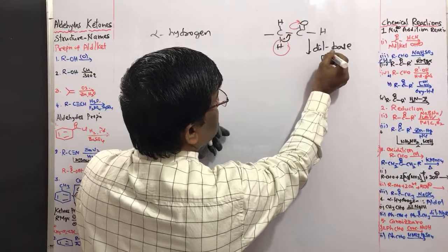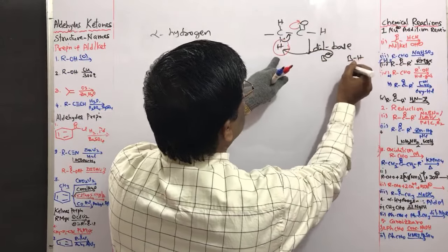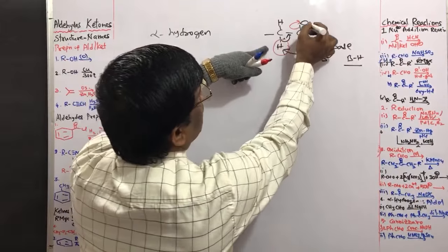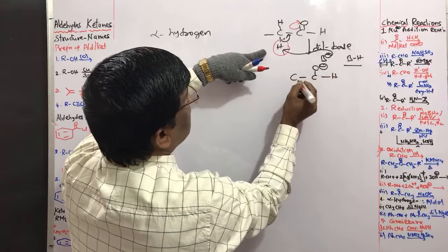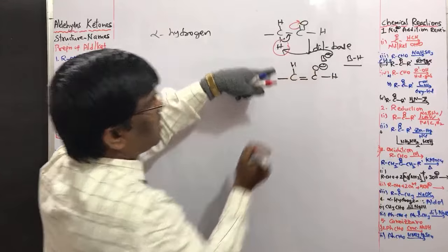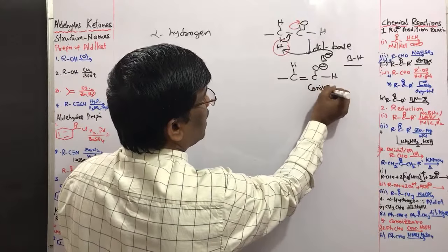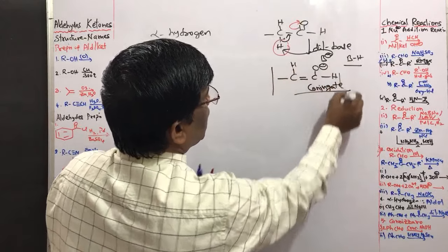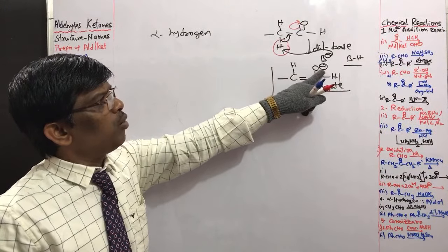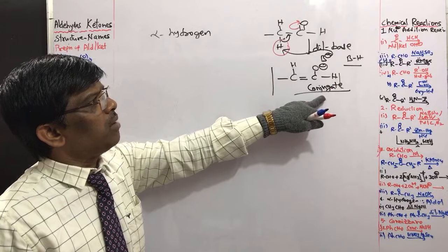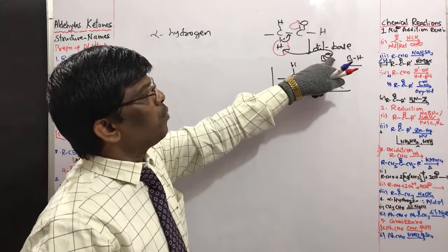For example, I add a base, it takes a proton to form this conjugate base, with O minus, and the double bond forms; enolization takes place and this is the conjugate base we get. This conjugate base is stable because of resonance stabilization by the oxygen negative charge. This O minus is stable, that is why the conjugate base is stable. This hydrogen easily goes out with a simple mild base.